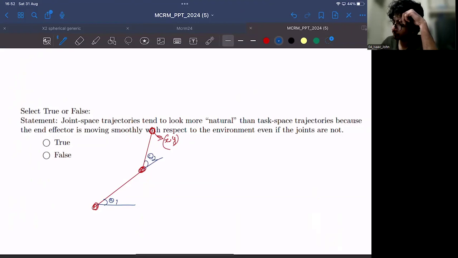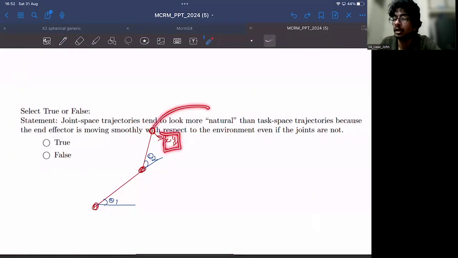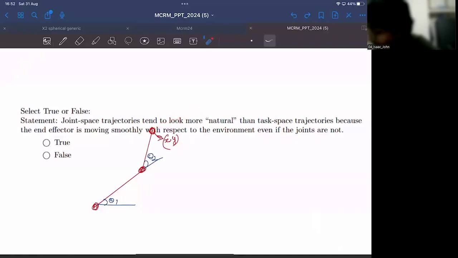Would it be natural if you plan the trajectory in task space? Because your ultimate objective would be to guide your end effector from an initial position to a final desired position. So the operator will always be tracking everything in terms of Cartesian coordinates, X and Y. So either you can directly plan this trajectory in Cartesian coordinates, or you can use the inverse kinematics and find θ1, θ2 for this initial position.